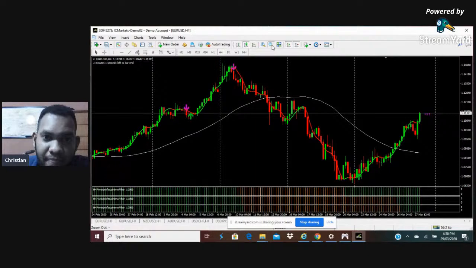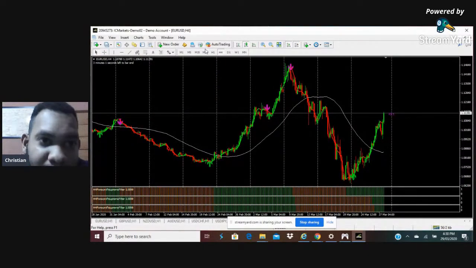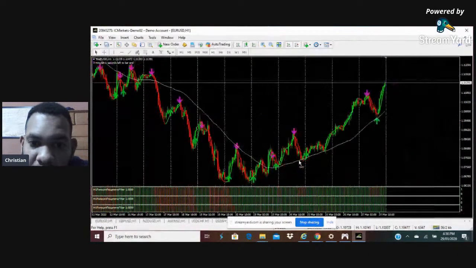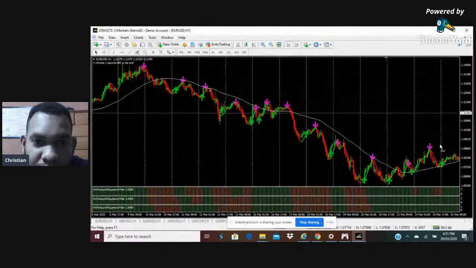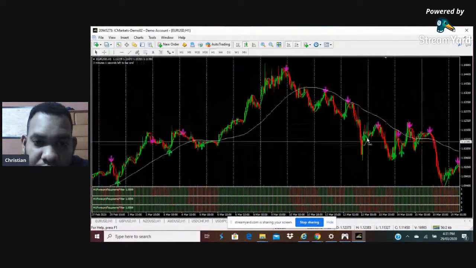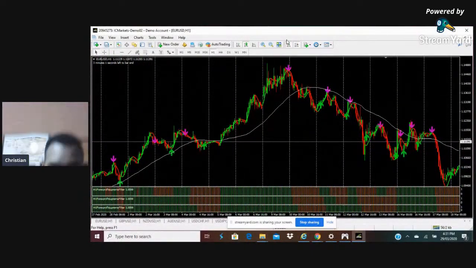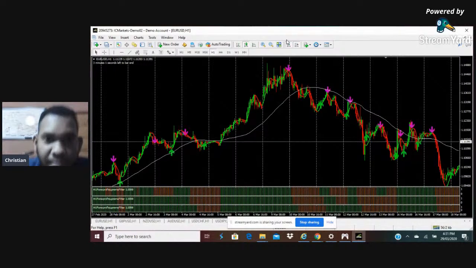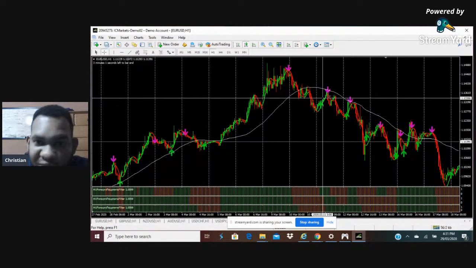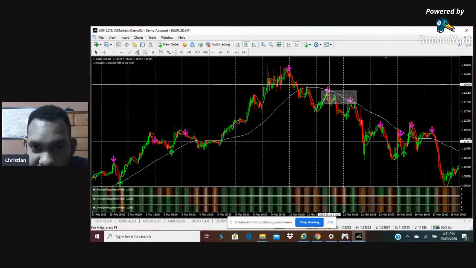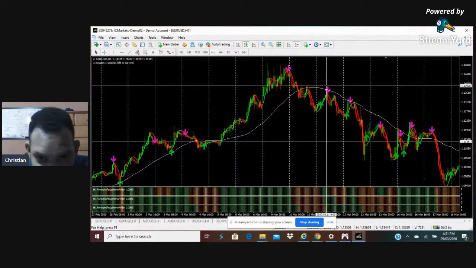Now my indicator on the hour chart, my indicator structure, which was here, my retest would have been here, right? And my indicator is saying green.